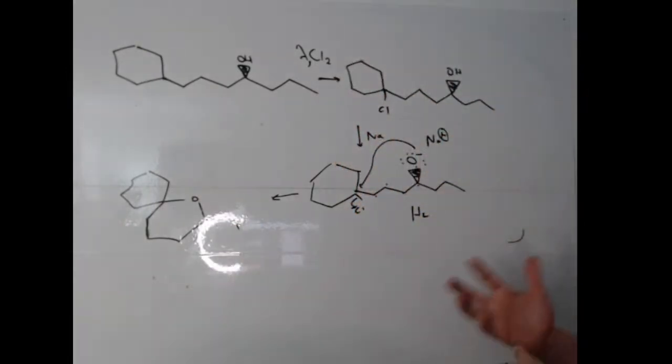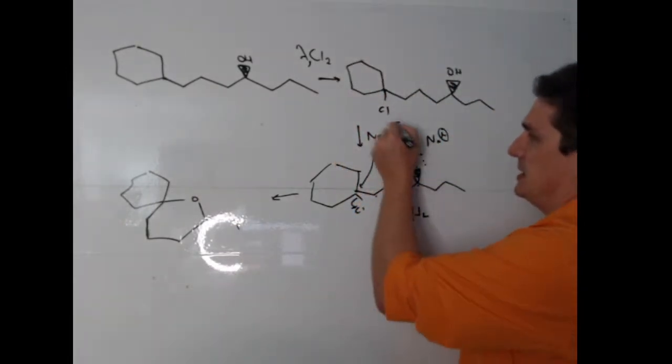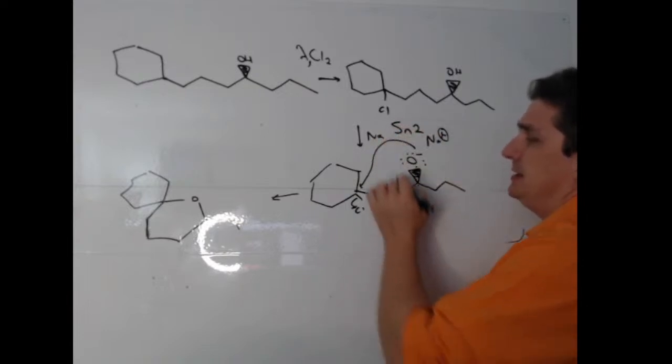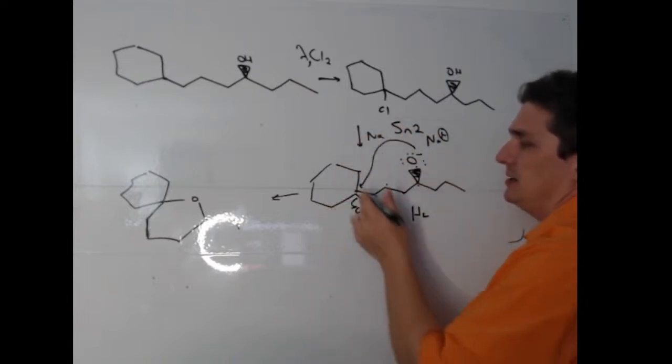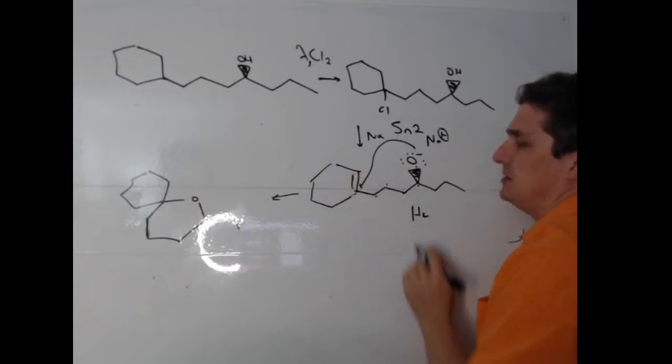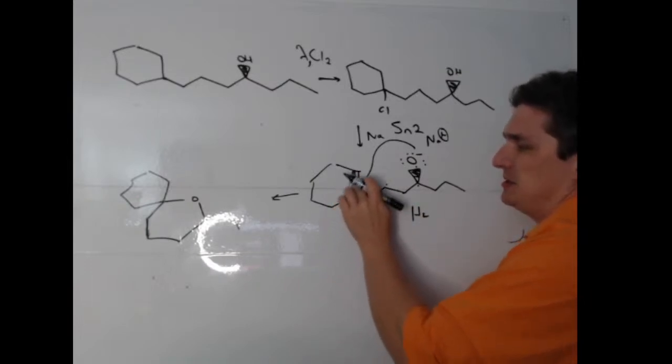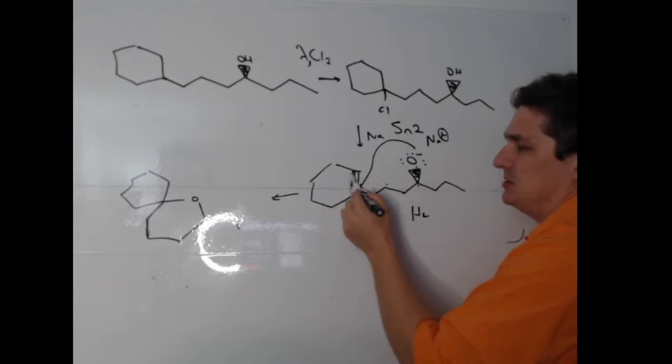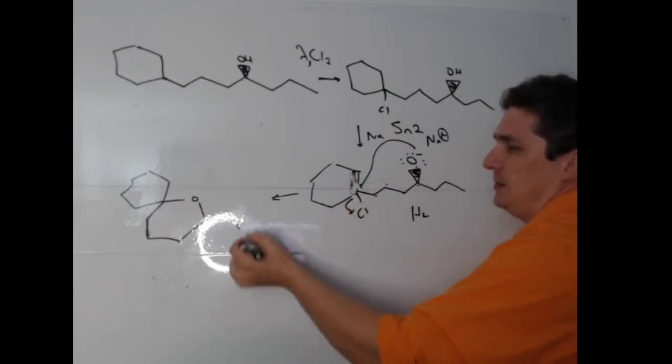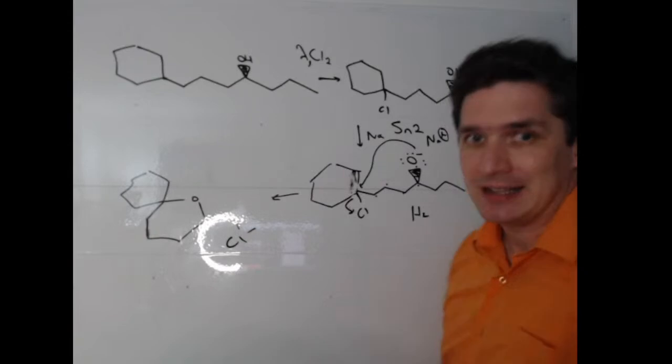So this is just nucleophilic substitution. In this case, it's going to be an SN2 pathway. The SN2 pathway here is going to attack the chlorine. Now, you could get some elimination where it pulls the hydrogen off and you end up getting something like this. But the predominant product here is going to be the substitution where the chlorine gets removed and we end up generating this bicyclic complex.